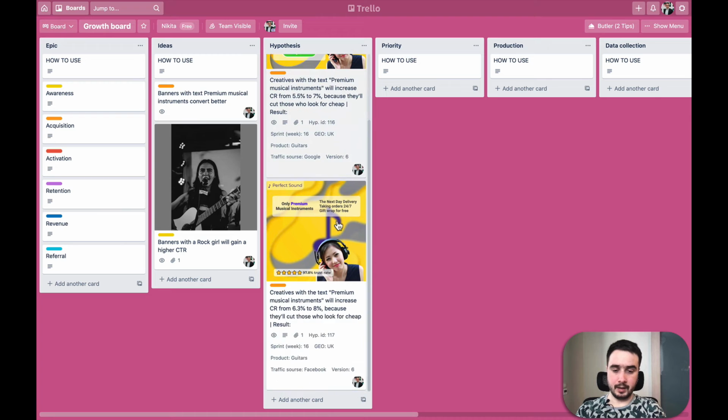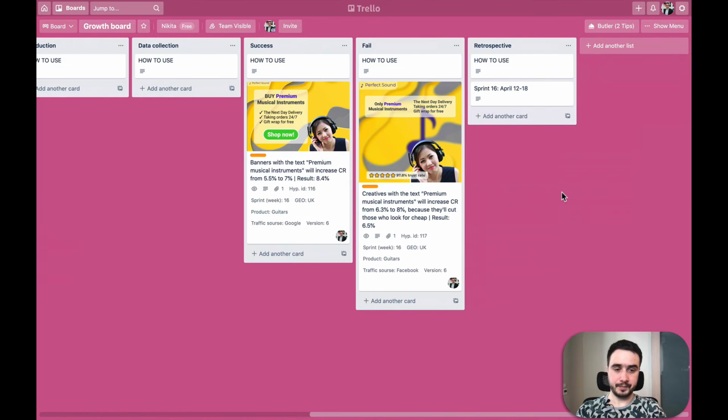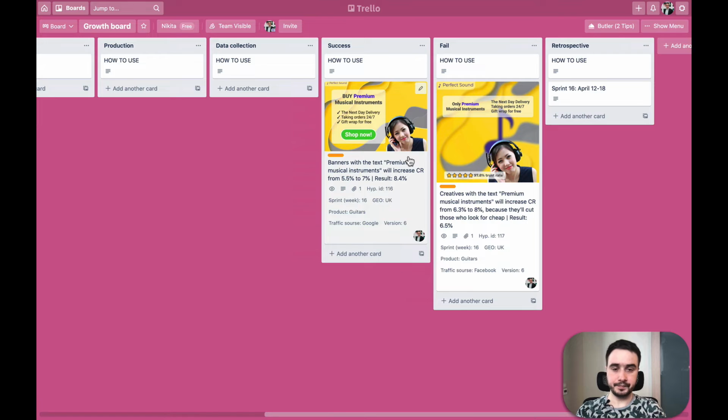Okay, and this card is for Facebook, and these are slightly different conversion rates because, as you see in this example, Facebook converts better and its initial conversion rate was 6.3, so we want it to be 8%. Finally, we get results.